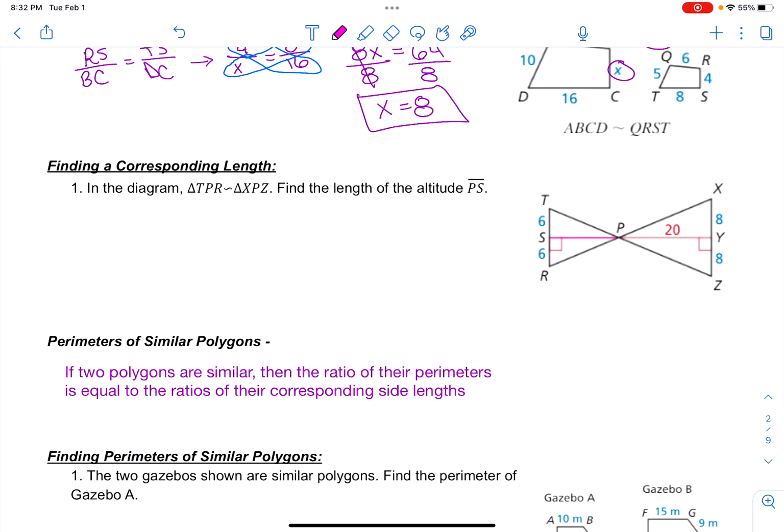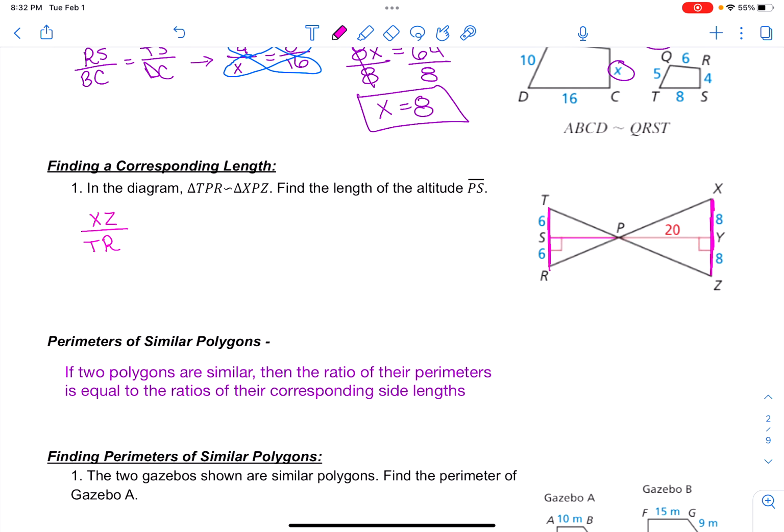Our second triangle was the XPZ. So this whole length here is one side of that triangle. So that whole side there is XZ. And then this whole side here would be TR. So those are proportional.